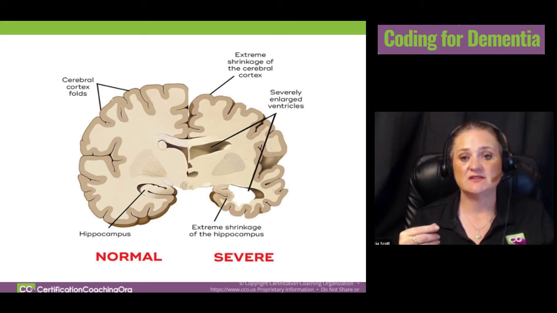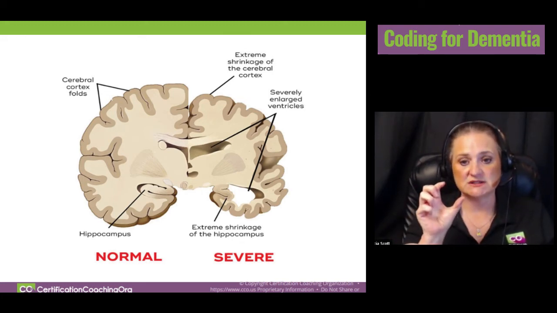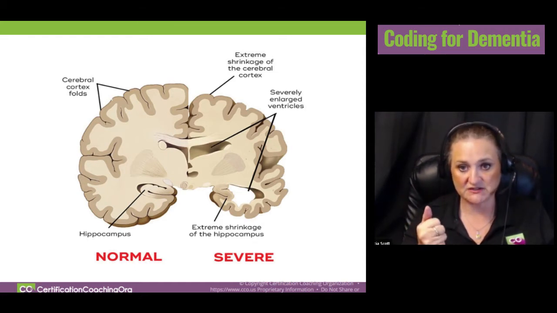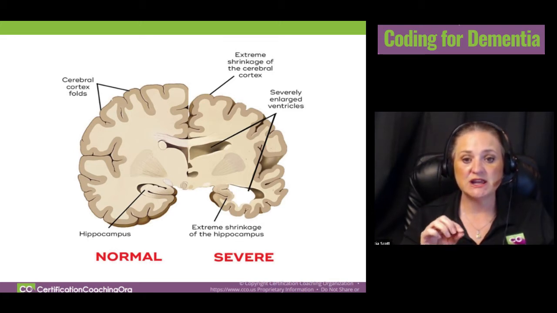Whenever you think of a space, it's usually called a sinus or a ventricle. They've got severely enlarged ventricles in there, shrinkage of the hippocampus, and notice the shrinkage of the cerebral cortex.